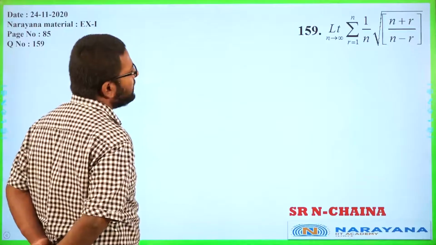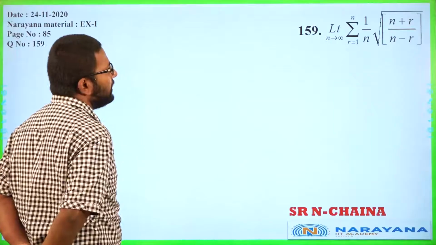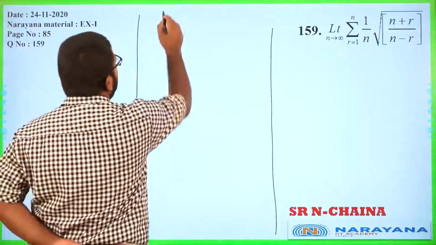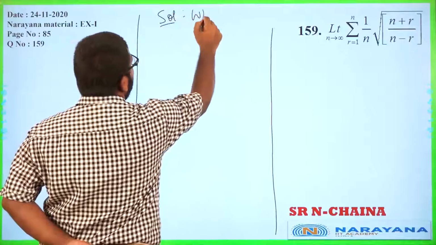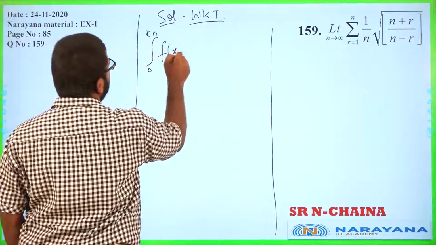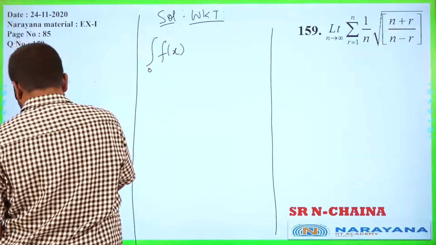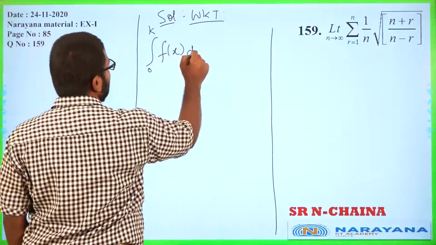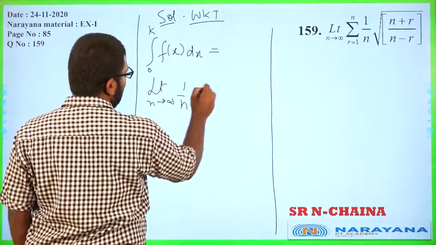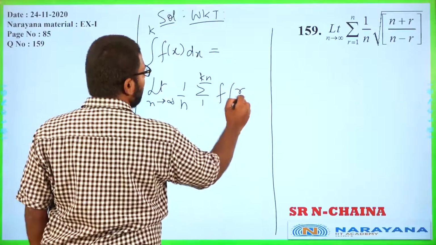Alright, limit n tends to infinity, summation r equal to 1 to n, 1 by n, square root of n plus r upon n plus n minus r. So you will realize everything is already in the format that you want. By now hopefully you have memorized this, integral 0 to k f(x) dx can be written as limit n tends to infinity 1 by n summation r equal to 1 to kn f of r by n.